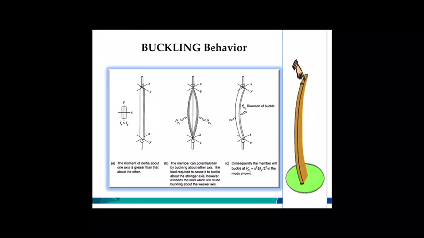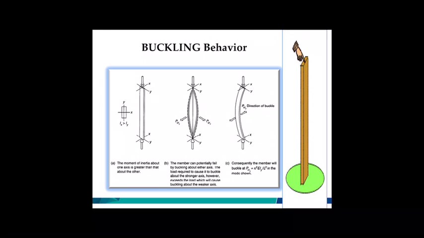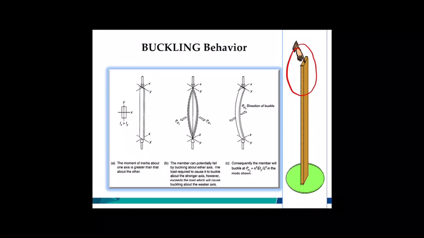Braced column is a long column, but you put a brace in the middle or in the top of the column so that it can sustain more load compared to unbraced column. So if you look at this diagram, for unbraced column, when you apply the load, it will bend.